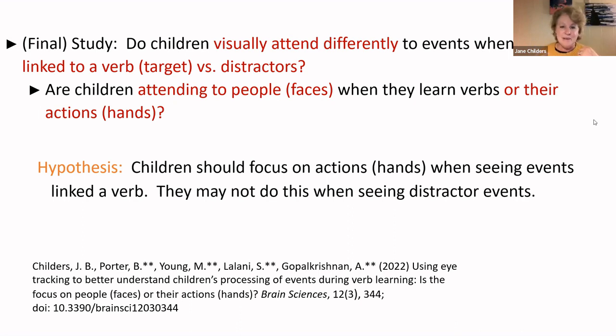We predicted that if it's a target event, they should focus on the action, on the hands, because what the person's doing is the most important. But when it's a distractor event, they could maybe focus on the face or the head. We could at least see if they look differently to target versus distractor events.